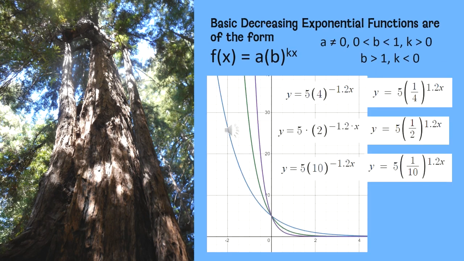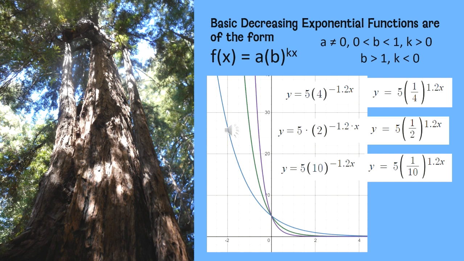Remember from the rules of exponents that a negative exponent means the reciprocal. So 5 times 4 to the negative 1.2x is equivalent to 5 times (1/4) to the positive 1.2x. And the same goes for 2 to a negative exponent being equivalent to (1/2) to a positive exponent, and 10 to a negative exponent being equivalent to (1/10) to the same exponent but now positive.